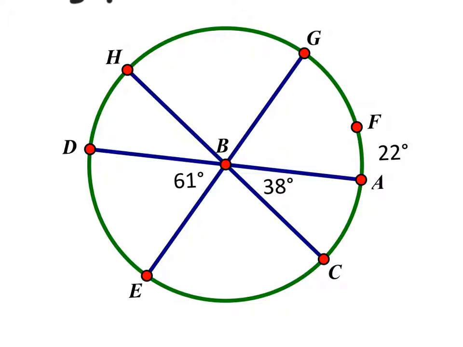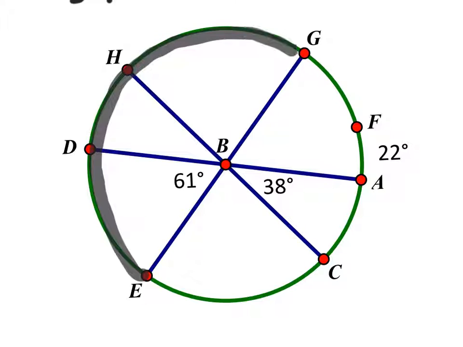Okay, so it says in the directions that all the blue lines are diameters. The diameter means that the angle, for instance, from E to G right here, that whole angle there, is 180 degrees. Marking up this diagram, I see vertical angles, so this angle there is that angle there, so that's 38.